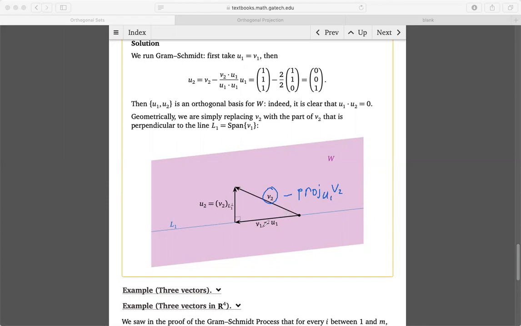These vectors are conveniently set up so that this projection actually equals v1. That won't always occur. This is a special case for this particular problem. So if I just take v2 and subtract v1, that will give me u2.